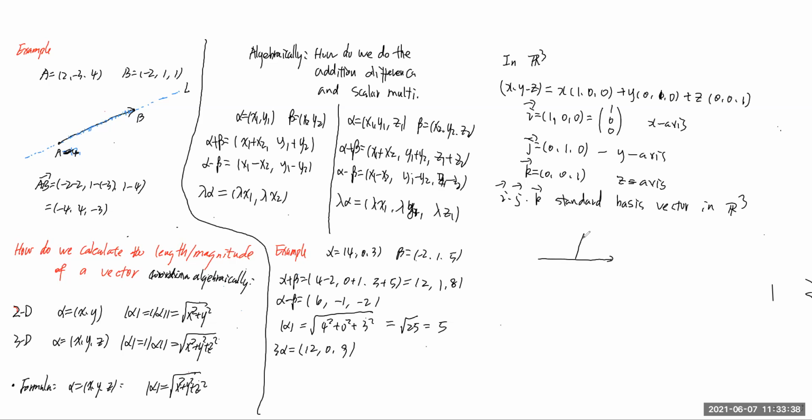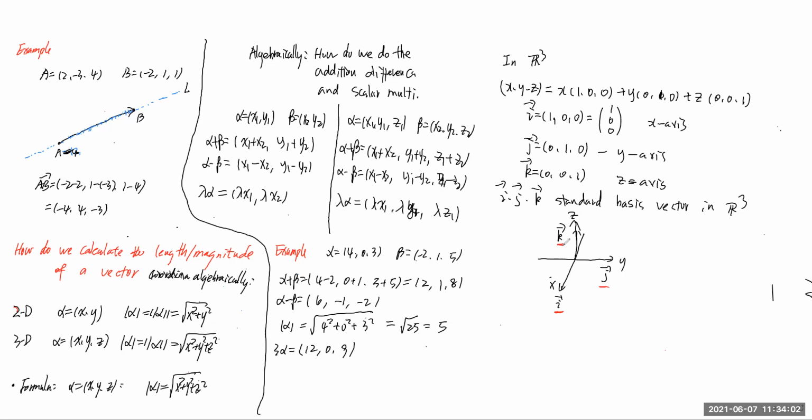Let me draw a picture. If this is x, y, z, this is i, this is j, this is k. Clear? i, j, k is called the standard basis.